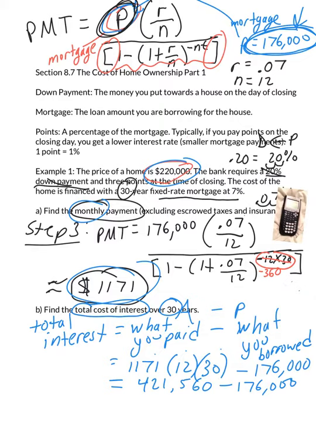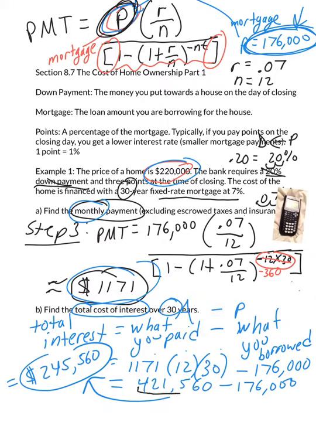And after I do that, I'll have to write it off to the side because I'm running out of room as usual. But my final answer, $245,560. Wow. So let's think about these numbers and what they mean in the context of the original question. So this first number, 421,560, is what we paid.